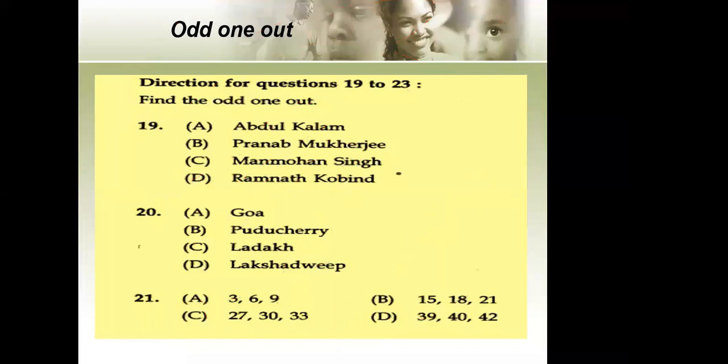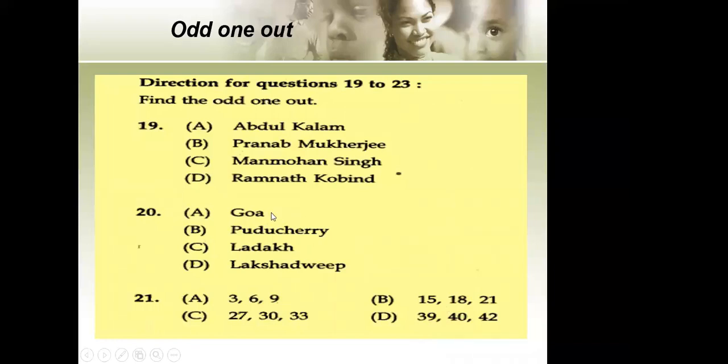Pranab Mukherjee also acted as President of India. Ramnath Kovind is the present President of India, and Manmohan Singh is only a Prime Minister of India. So of the 4, the remaining 3 are Presidents of India, only one is a Prime Minister. So option C is the required answer.